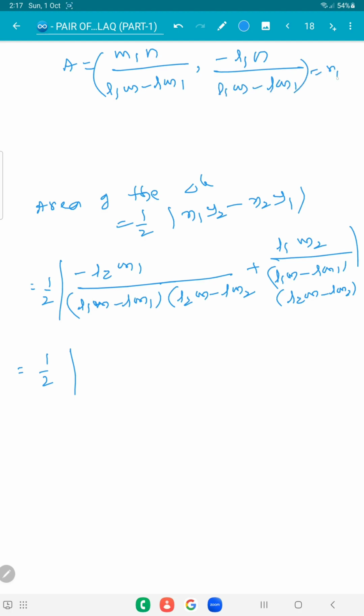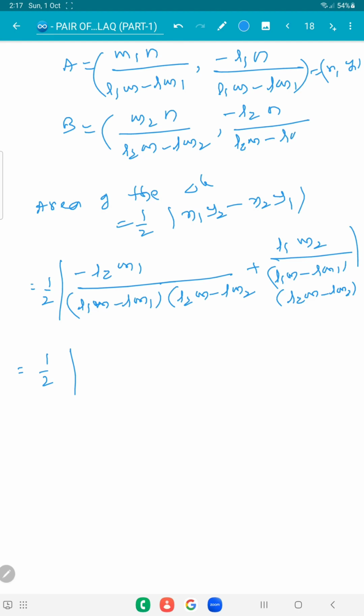Let it be x1, y1. Similarly, B is equal to M2 N by (L2 M minus L M2) and minus L2 N by (L2 M minus L M2). Let it be x2, y2.